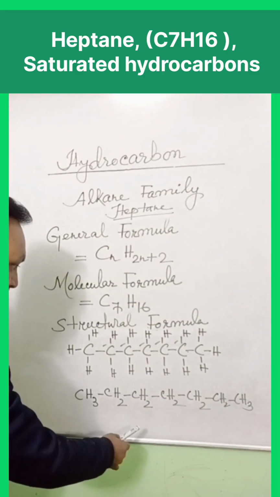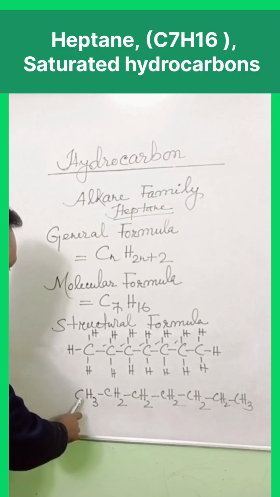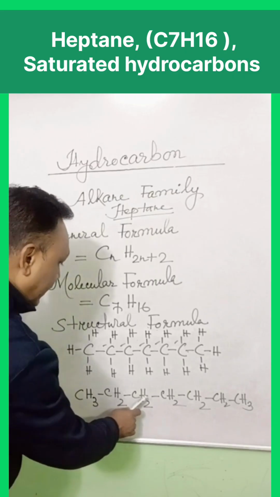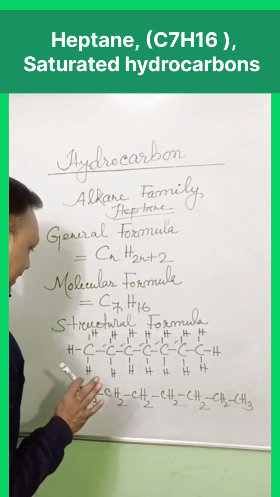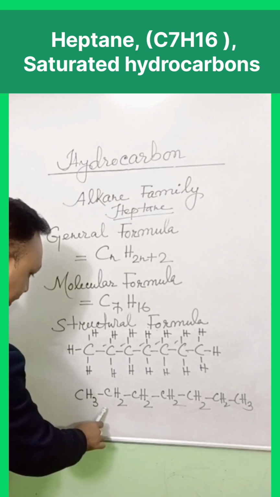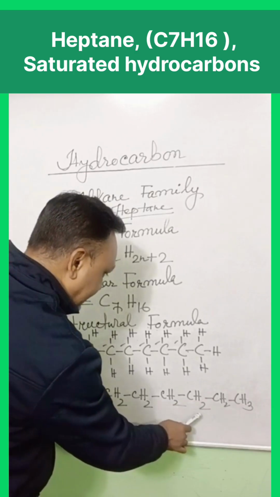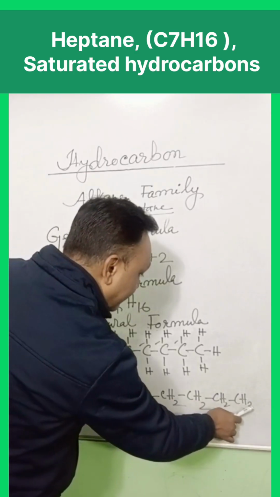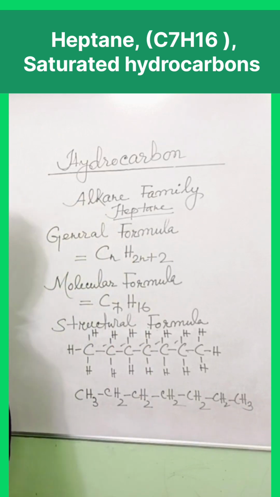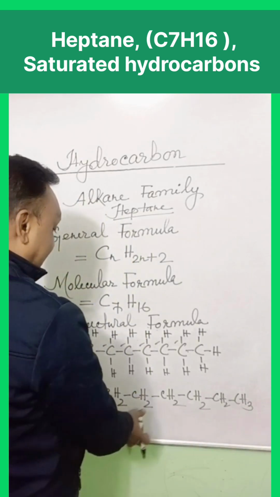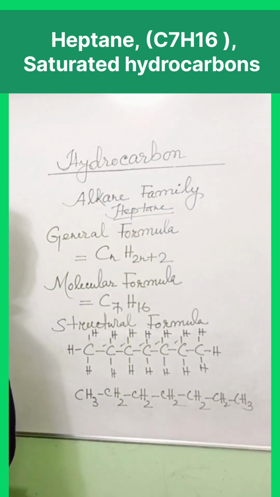Now count it. How many carbon atoms: 1, 2, 3, 4, 5, 6, 7 carbon atoms, and hydrogens: 3, 4, 5, 6, 7, 8, 9, 10, 11, 12, 13, 14, 15, 16. 16 is the number of hydrogen atoms.